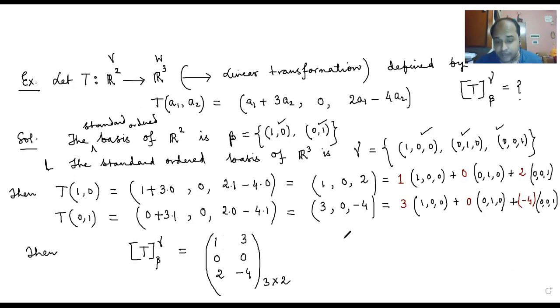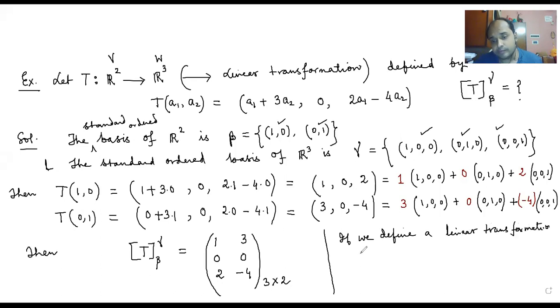So you see, it's a very interesting result. In some GATE examination it may be asked that if we define a linear transformation from R2 to R3, what will be the order of the matrix T beta gamma?